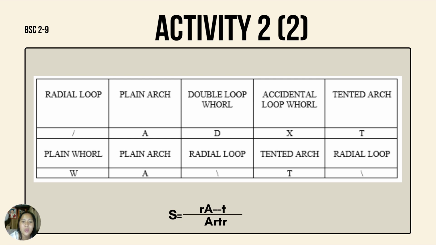Then radial loop is included, so we write R in small letter, tented arc, T in small letter, and then radial loop, R in small letter. So the answer is S equals small r, capital A, dash, dash, small t, over capital A, small r, small t, and small r.